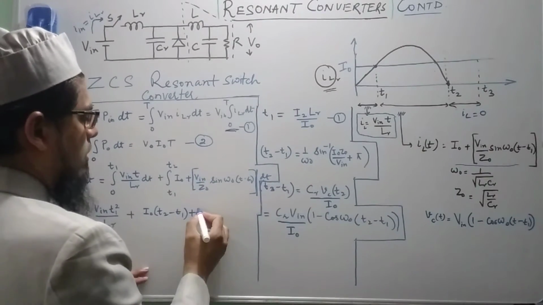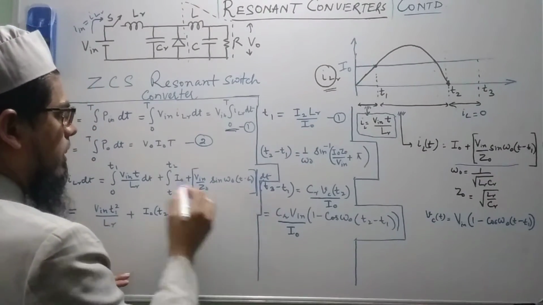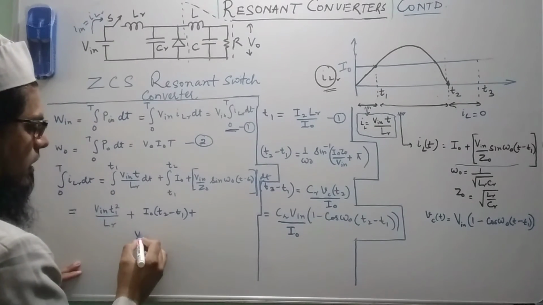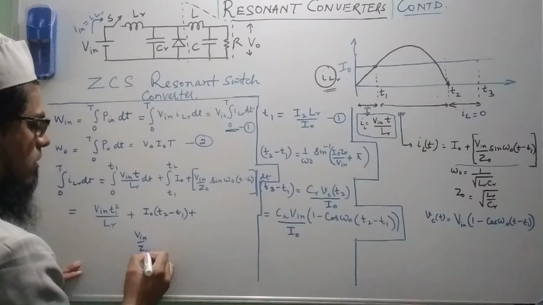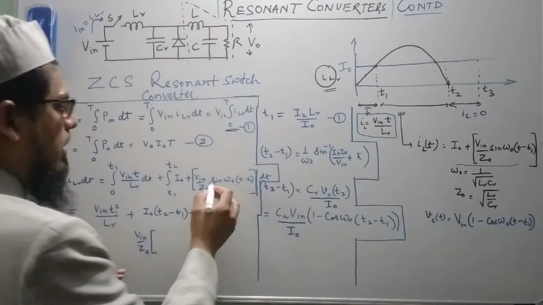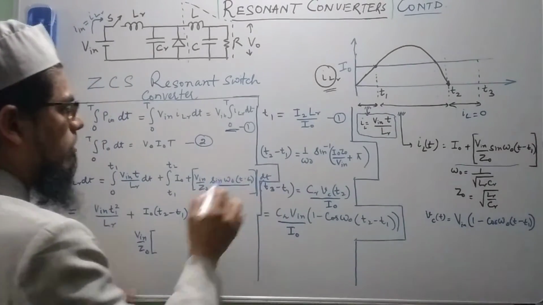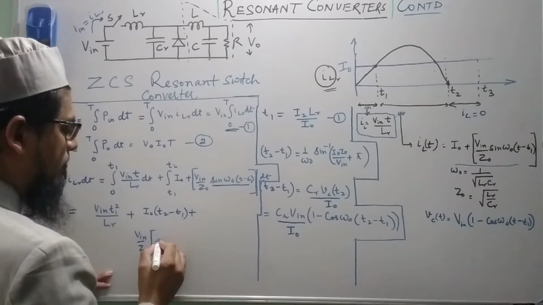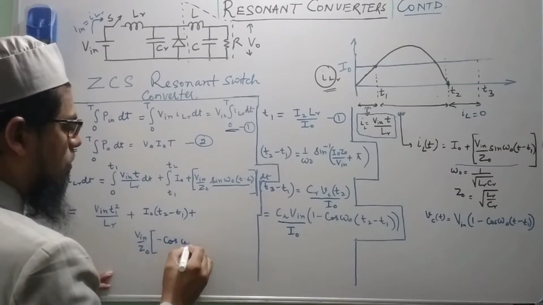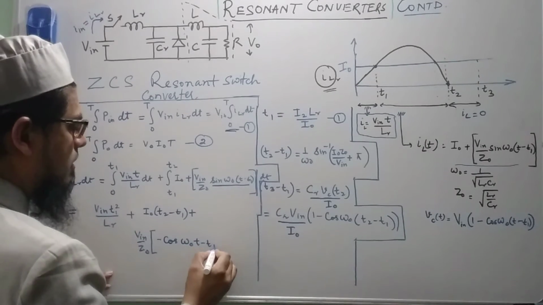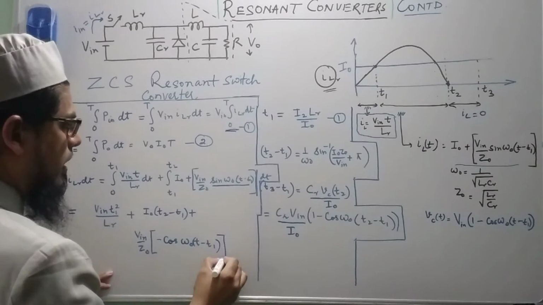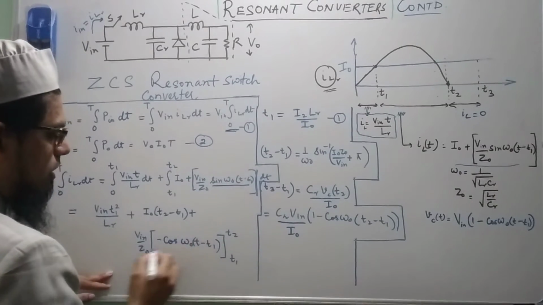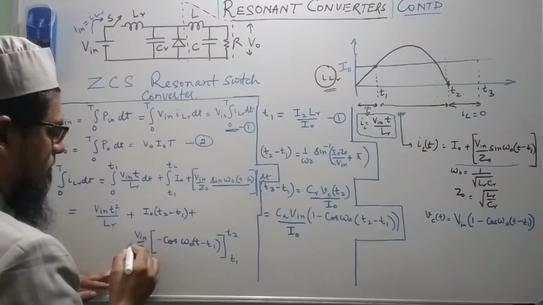So, V in by Z naught is a constant. Okay. So, let me write it here, this part, V in by Z naught is constant, while integration of this sin omega naught T minus T1 will result in minus of cos omega naught T minus T1, and variation is from T1 to T2, and this omega naught term will come here.